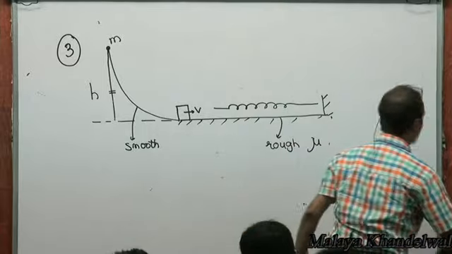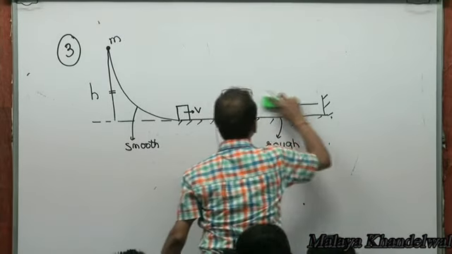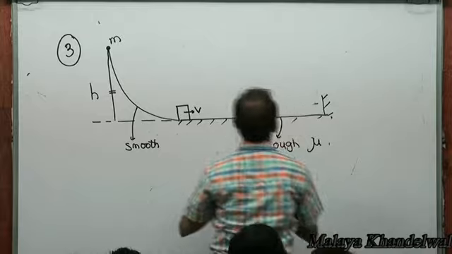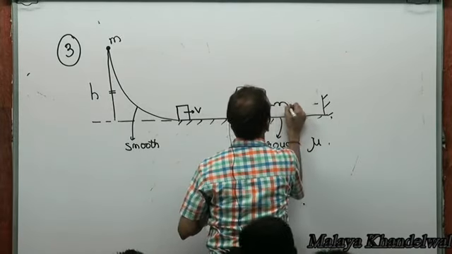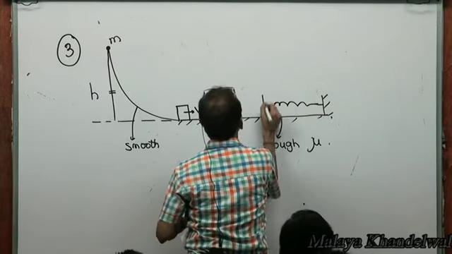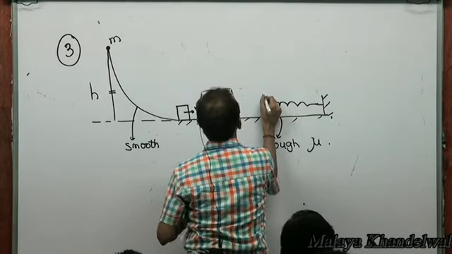Now, let's say it compresses the spring by an amount x. This was the original position of the spring.